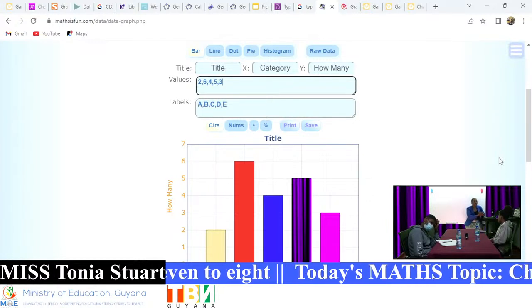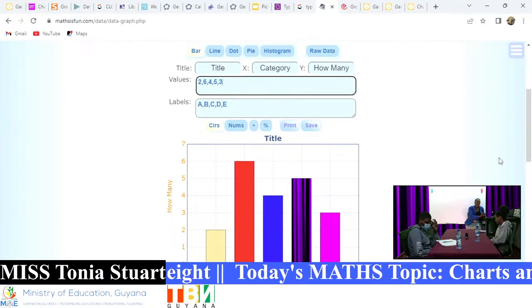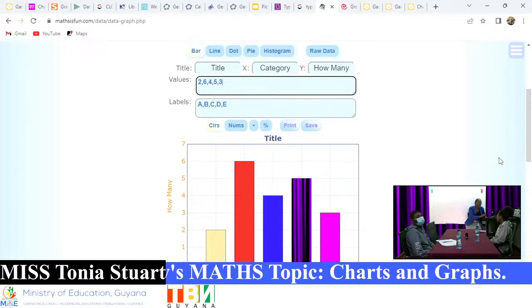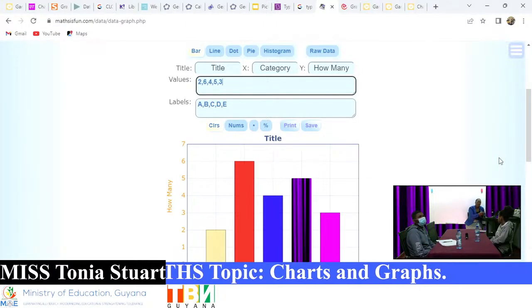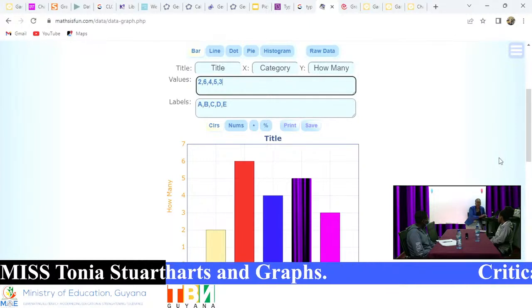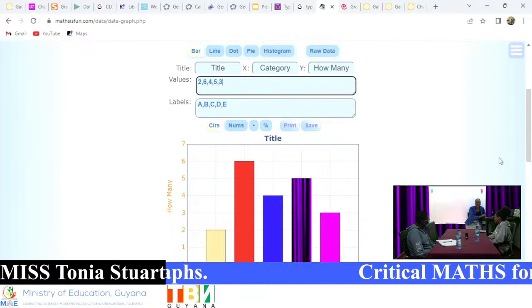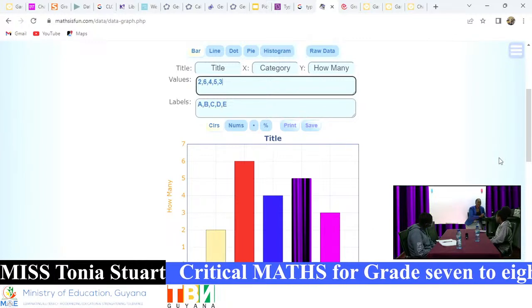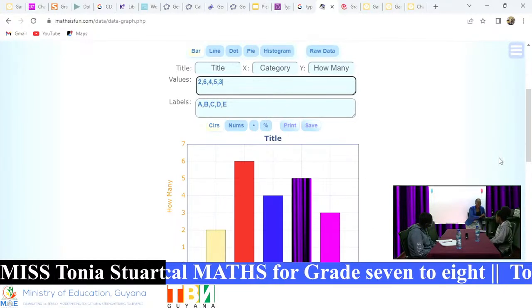So even if you're saying a bar graph shows you how many objects there are, if I am to draw the bar graph, would I be able to draw that bar graph from your explanation? So if you had to explain it to us so that we can draw it, what would you say?